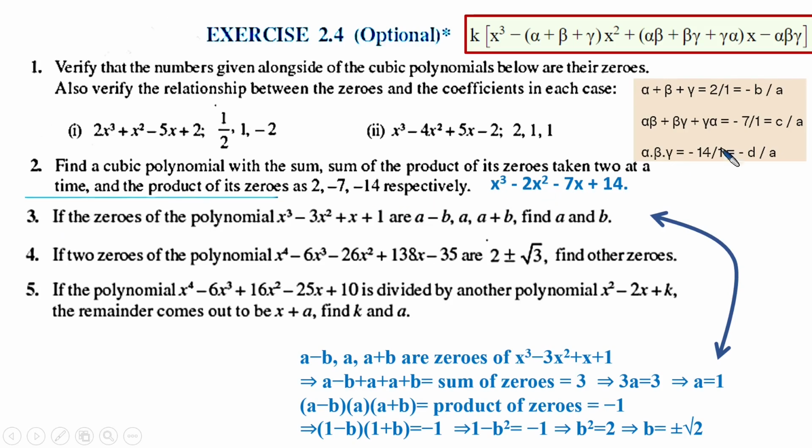So this is easy. Third, if the zeros of the polynomial are a minus b, a, a plus b, find a and b. So here I have done that a minus b, a, a plus b are the zeros of this. So I can write the sum of the zeros, alpha plus beta plus gamma, is equal to 3. So here 3a, the plus b and minus b cancel. So 3a is equal to 3, so a is equal to 1.